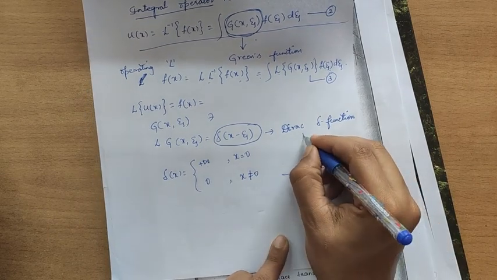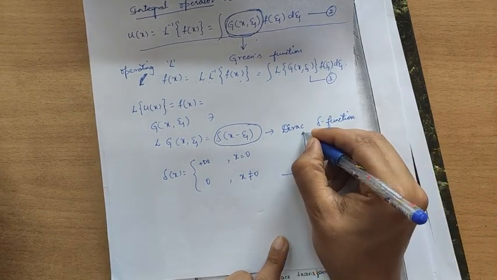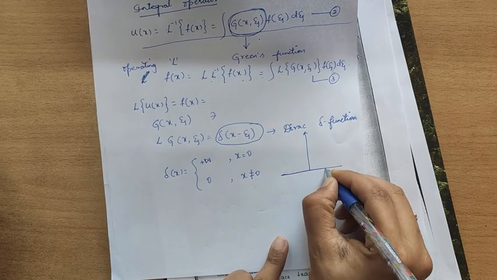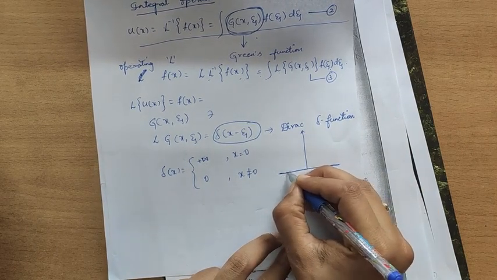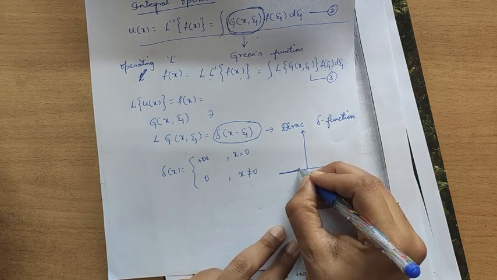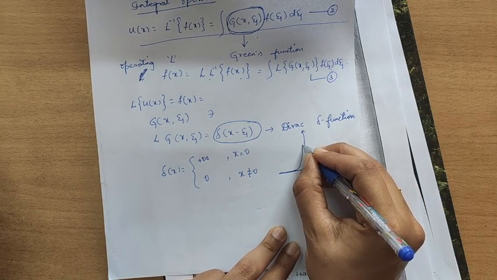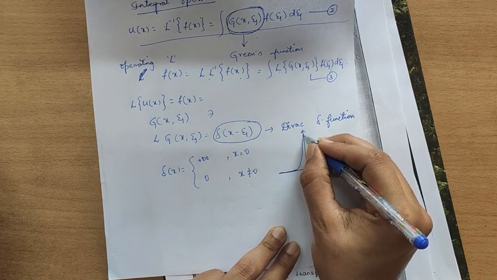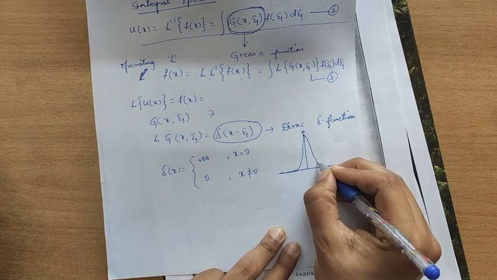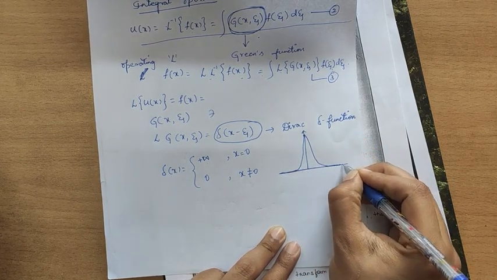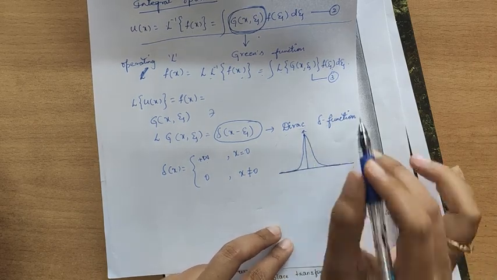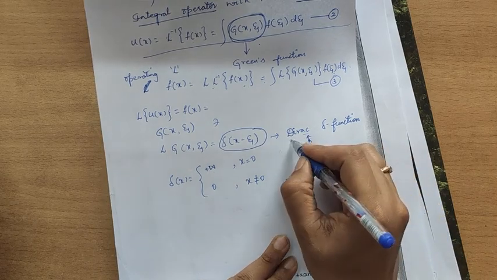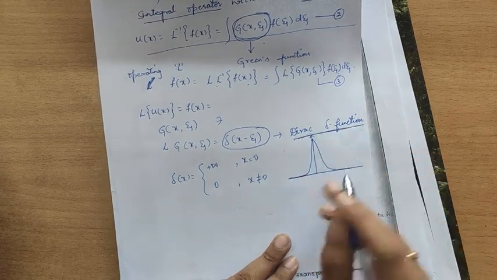That means if I consider a geometry like this, at all the points you will get 0. When it is x is equal to 0, you will get some plotting. If any function behaves in this way, you will call that function as Dirac delta function.